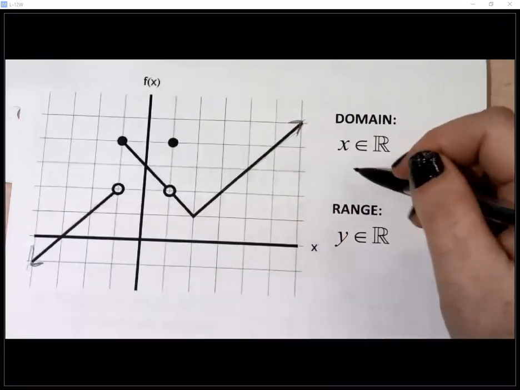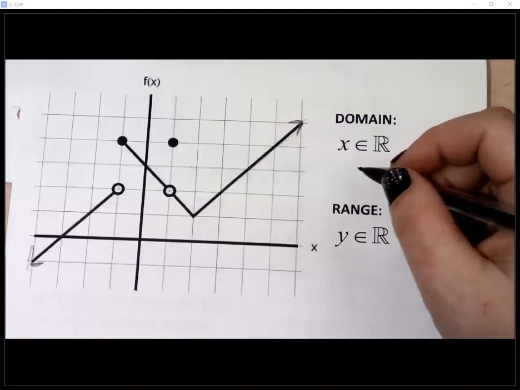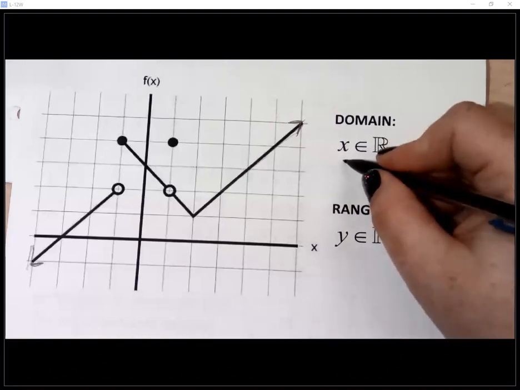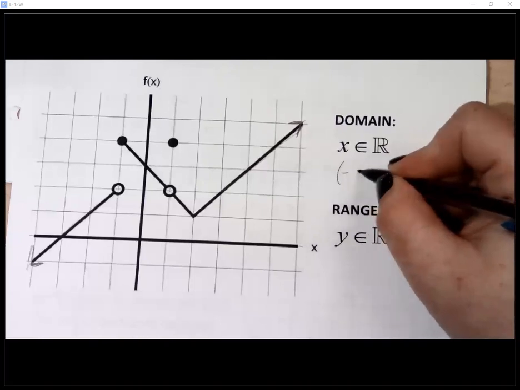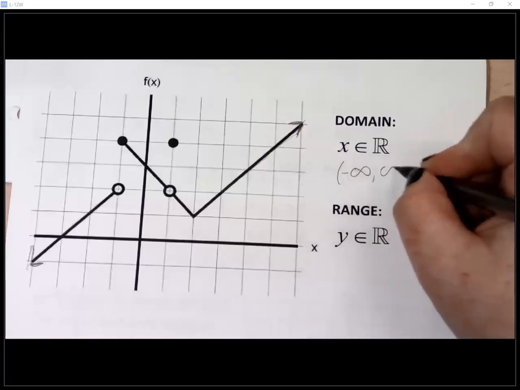Jake, what would you do? Parenthesis, negative infinity to infinity, and then two parentheses.